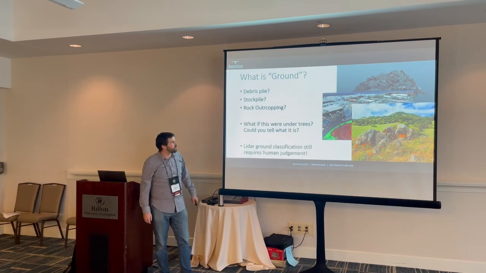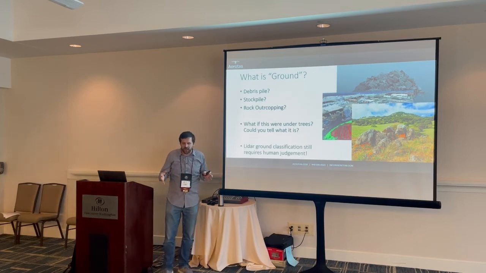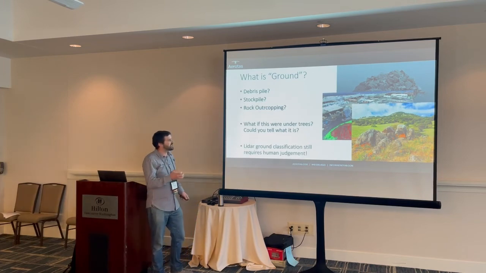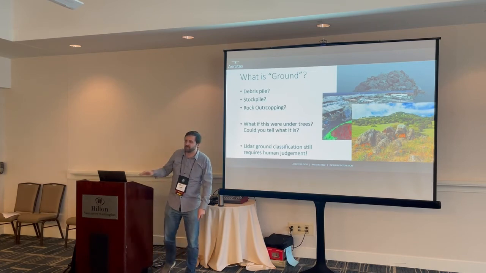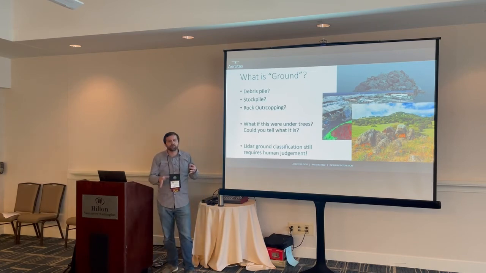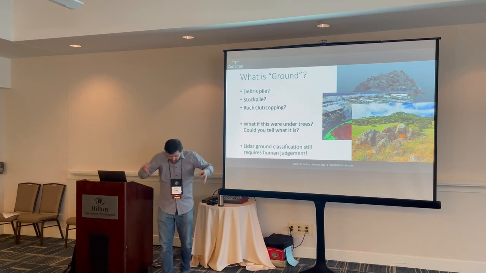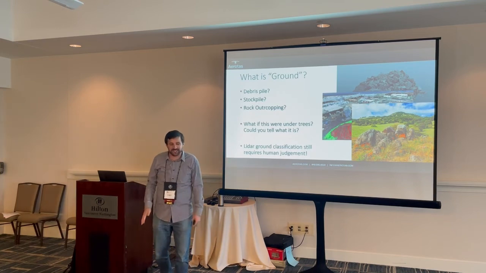Those are hard judgment calls to make, and this is part of why a lot of these automated routines still require human judgment, and they still require a good amount of work to be able to identify what is ground. And this is just one class, right? This is just what is ground, what should be the simplest thing.